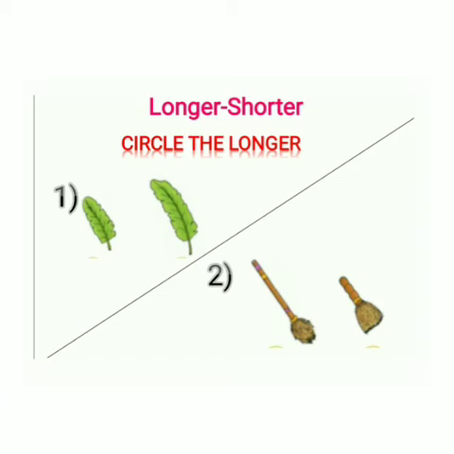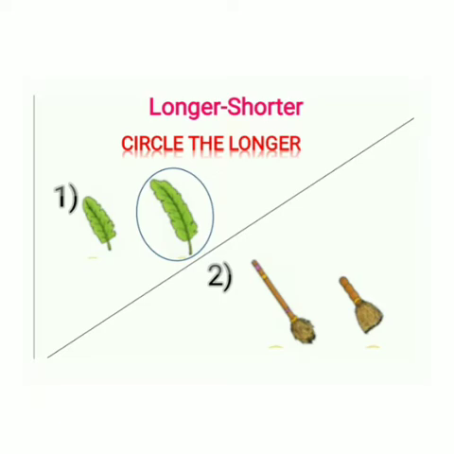Quill means a large feather from the wing or tail of a bird. Now you are supposed to find out which one is longer. Look at the picture carefully. It is clear that the second quill is longer than the first quill. So we will make a circle on the second quill.